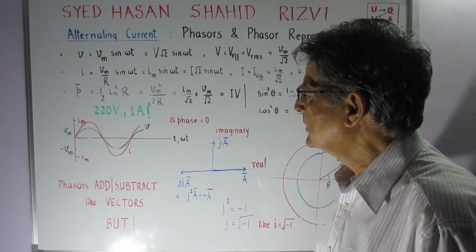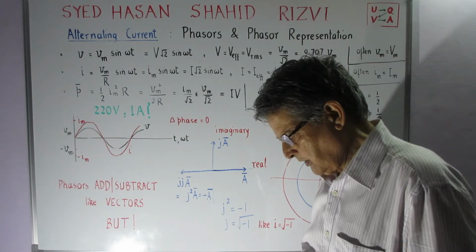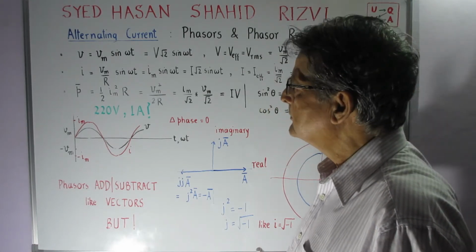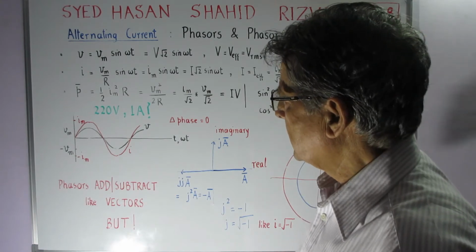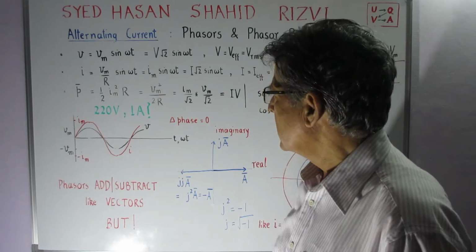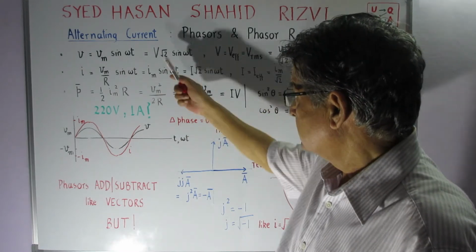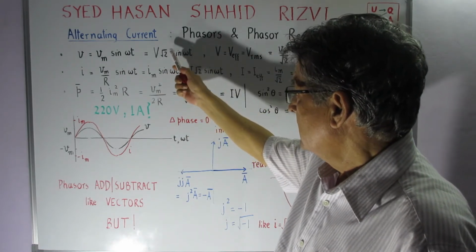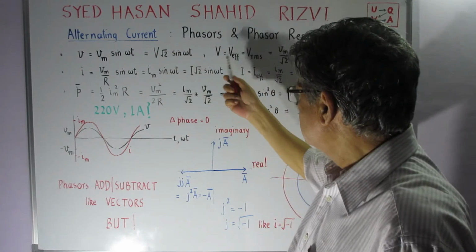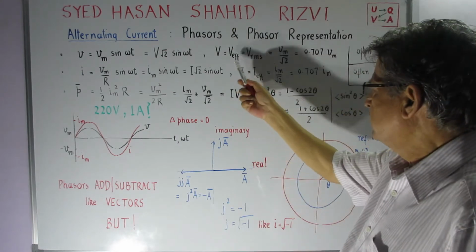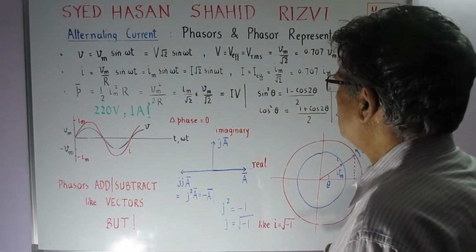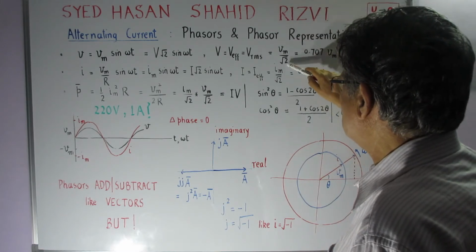assumptions. So we found that when we apply an alternating source of EMF, which as a source reads as V is equal to Vm sine of omega t, which I can write as capital V root 2 sine of omega t, where capital V is equal to the V effective or the V RMS value, okay, and it turns out to be equal to Vm upon root 2.